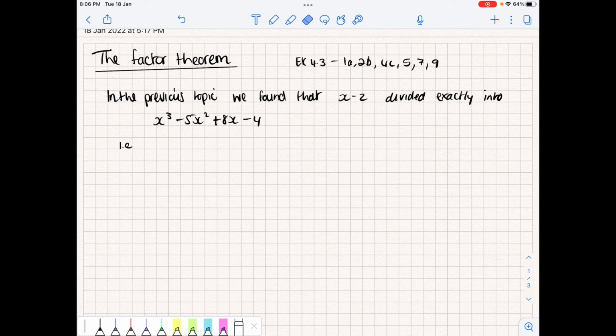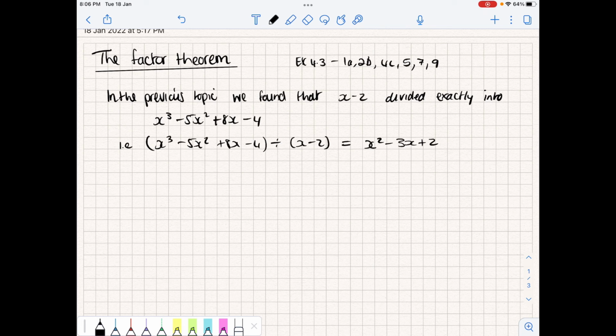So how we'd write that is we could say x cubed minus 5x squared plus 8x minus 4, divided by x minus 2, gave us x squared minus 3x plus 2.